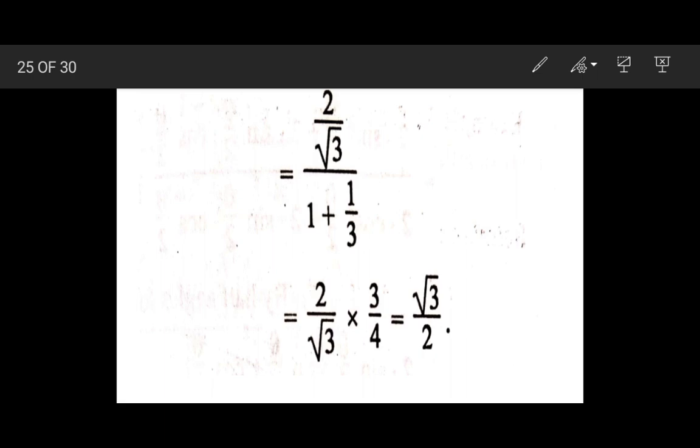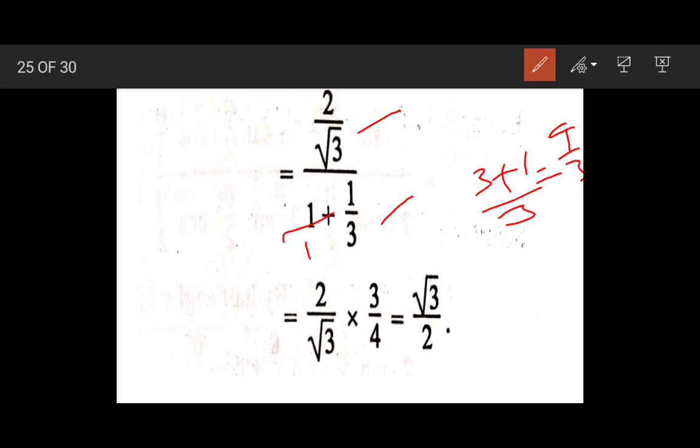So after doing the calculation, 2 upon root 3 upon 1 plus 1 upon 3. So in denominator we can do the cross multiplication. So cross multiplying we get 3 plus 1 upon 3. So denominator will be 4 upon 3. Okay.